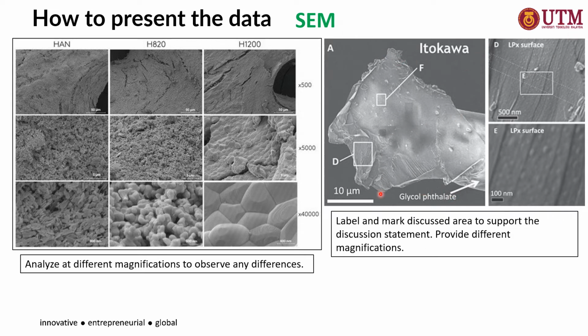In this case, they label the sample where they want to discuss this part and all this part. E is the higher magnification, so this is the image of the E area, and this is the image for the D area here. This is how you can use the SEM to properly discuss your results.